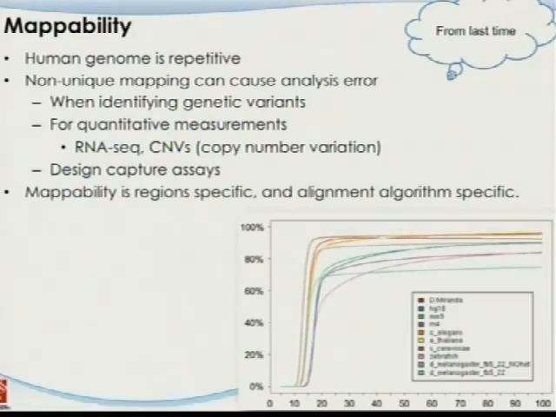If you focus on exon sequencing, or on one part of the genome you prefer to work on in the future, you want to do the mappability analysis within that specific area, using the algorithm that you will be using in the future, because different algorithms have different sensitivities and specificities. They have different tolerance for gaps and things like that, so mappability will be different. Any questions about this part?